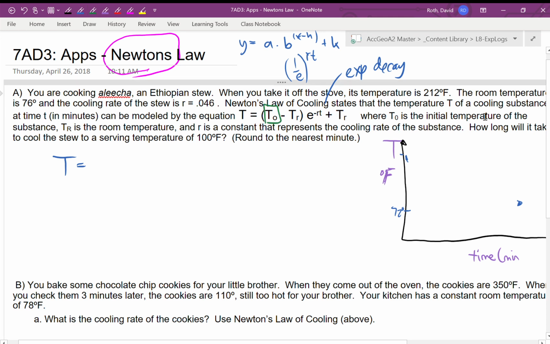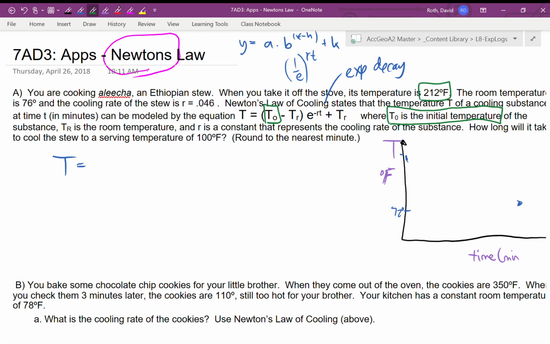The initial temperature of the substance. What is the initial temperature here? It looks like it was 212. Okay. TR, what does TR stand for? TR is room temperature. I'll put that in red. Hey, we'll have a Christmas thing. So that'll be the TR here. We'll plug that in. What is my room temperature? 76. It's way over there.